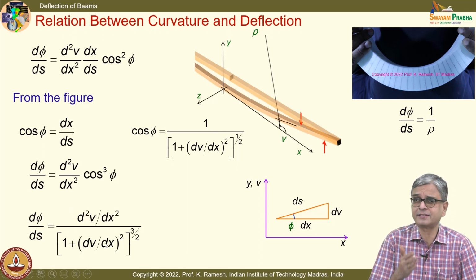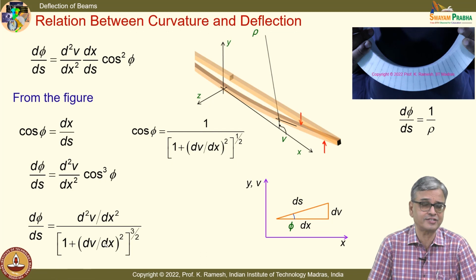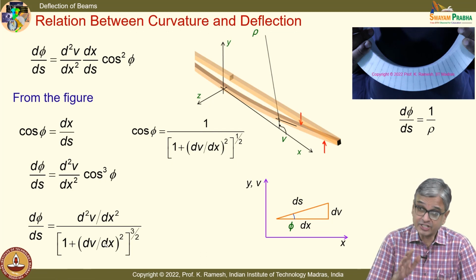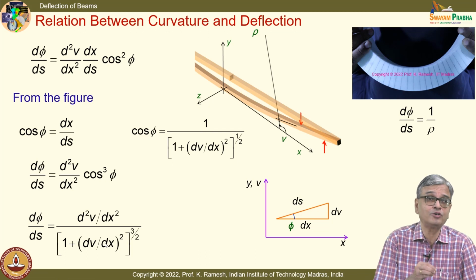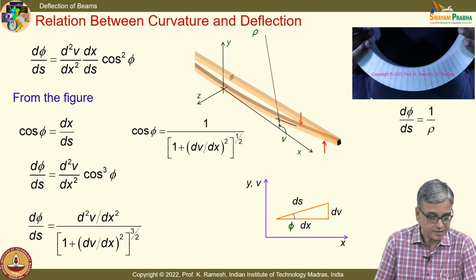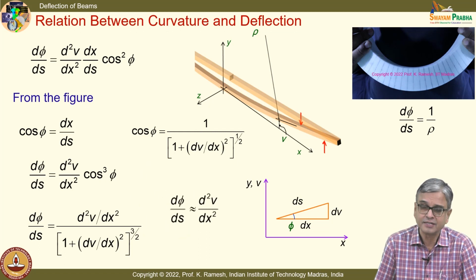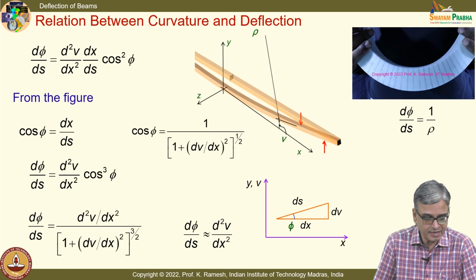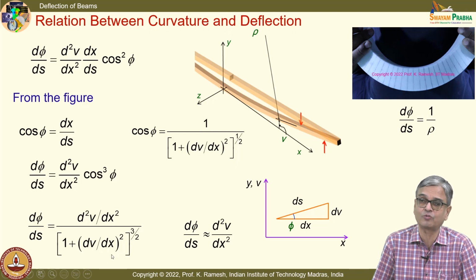We have always been saying that we live in linearized elasticity. That is justifiable not because we want to force it to be linear, but because our deformations in actual practice are extremely small. You must recognize that. So, it is a very valid approximation. It simplifies your mathematics. So, I say dv by dx is very small, so dv by dx squared is going to be a very small quantity.